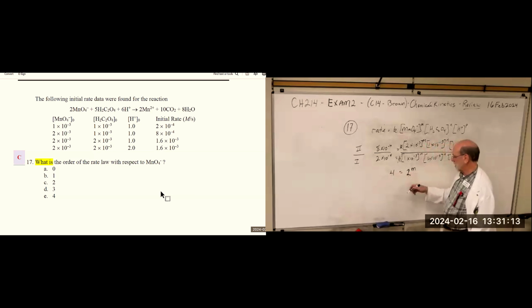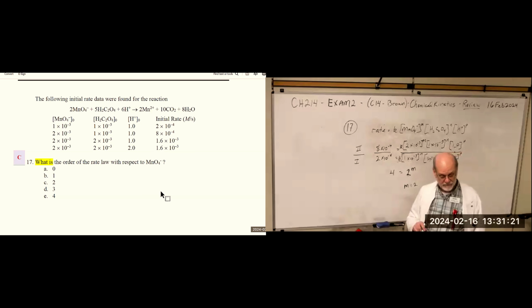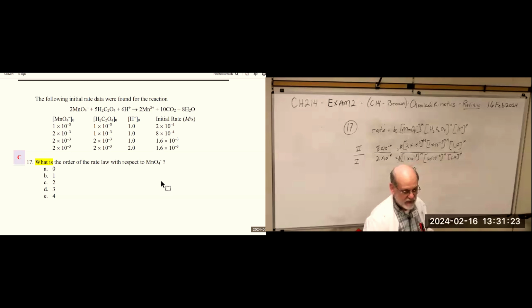So 2 to what power gives you 4? 2. So it's second order with respect to the manganate. That's how you calculate it.